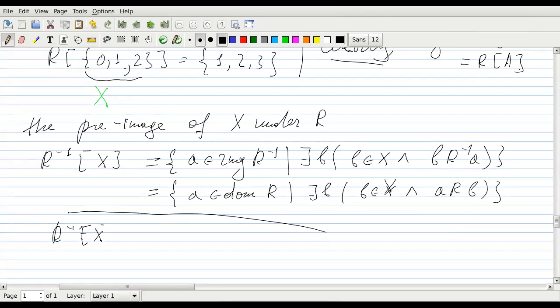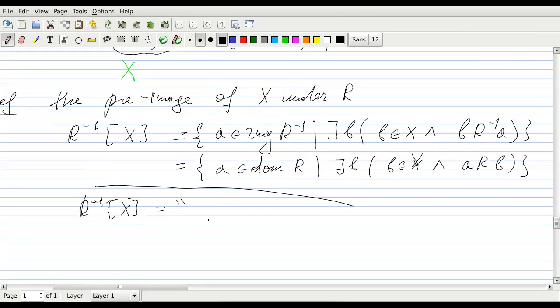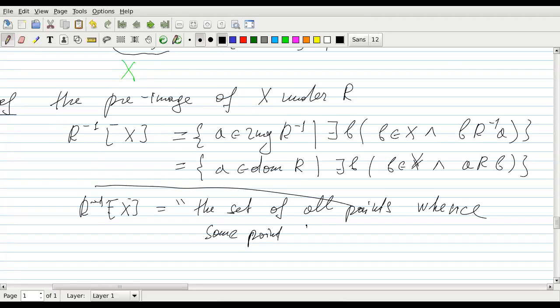Formally, the pre-image is just the image under the converse relation, but informally it is the set of all points whence some point of X is R accessible.